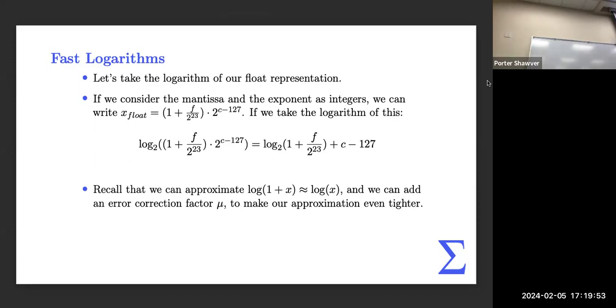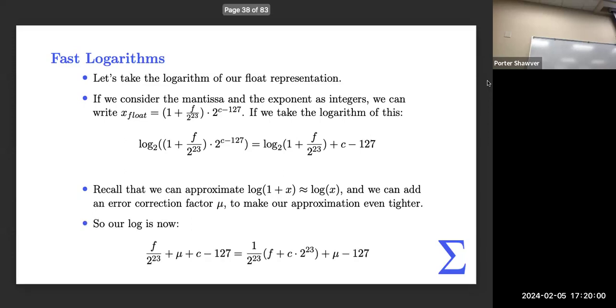And just to be safe, we can add a correction factor mu to make that approximation even tighter. So the log now becomes f over 2 to the 23 plus mu plus c minus 127. And for no reason that's apparent yet, we're just gonna pull the 2 to the 23 out. We get f plus c times 2 to the 23, all over 2 to the 23, plus mu minus 127.